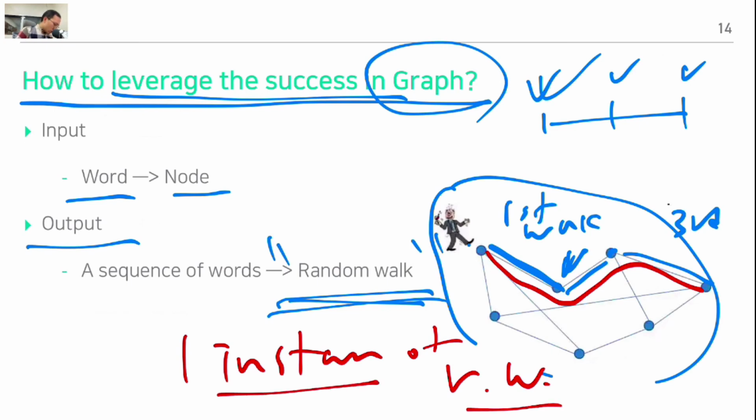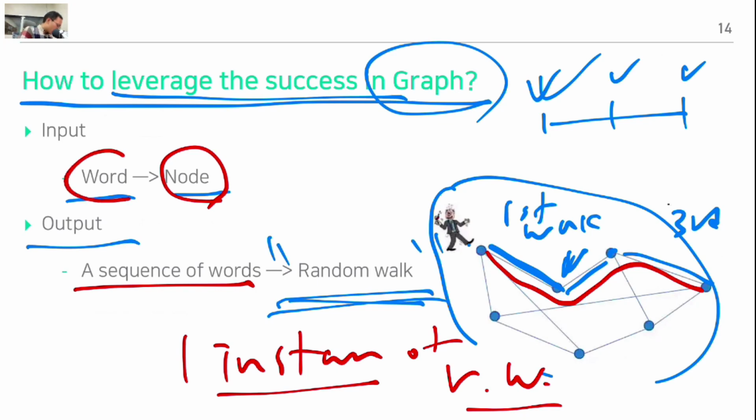So this could be the context of the node, and you can substitute the sequence of the words for applying the word2vec model to graph data, right?